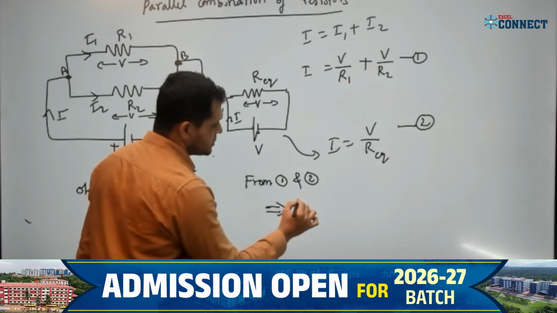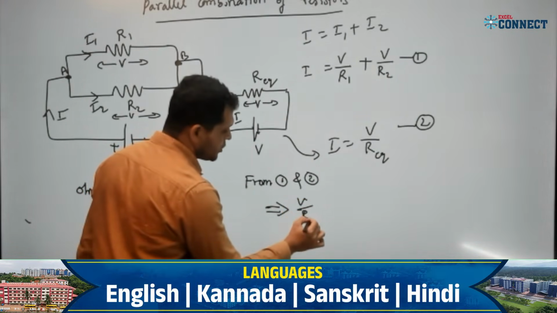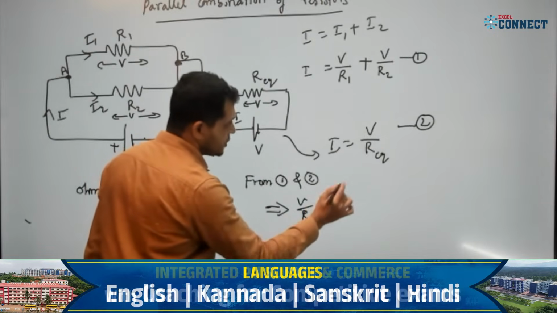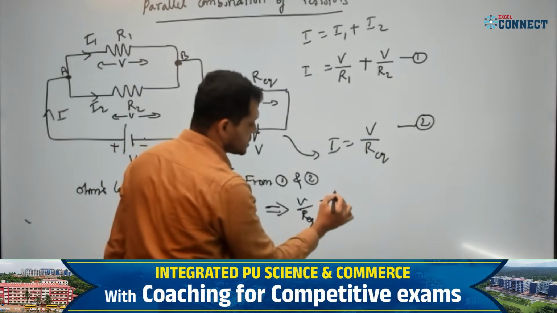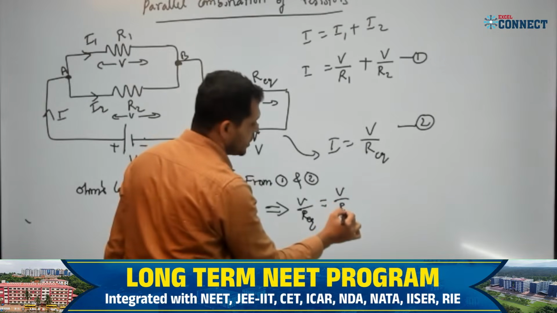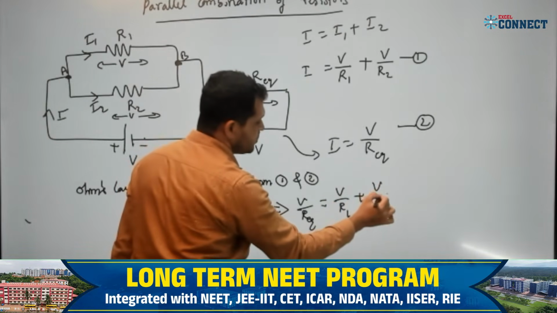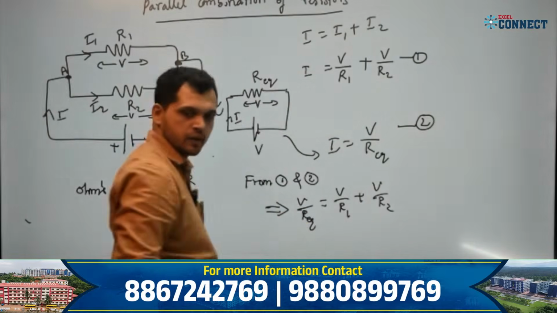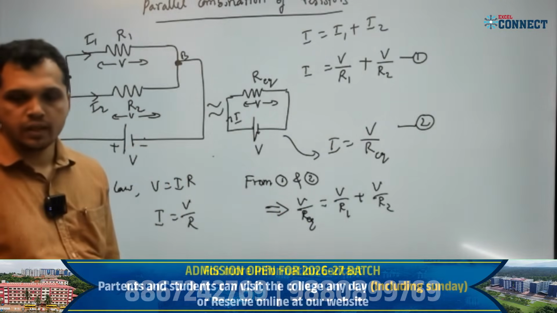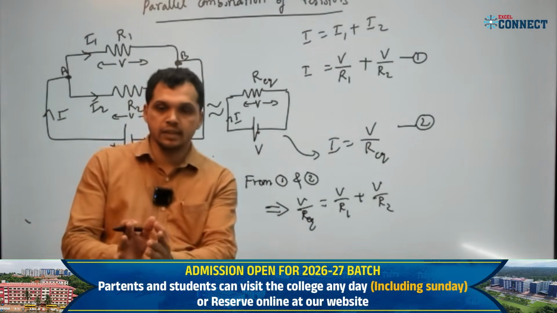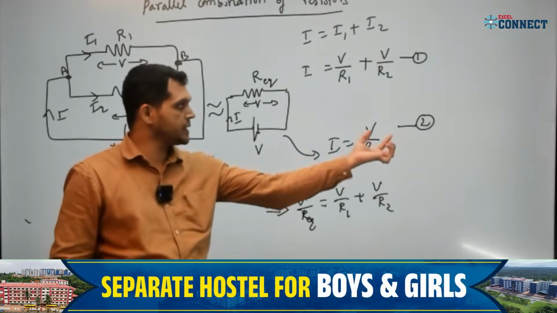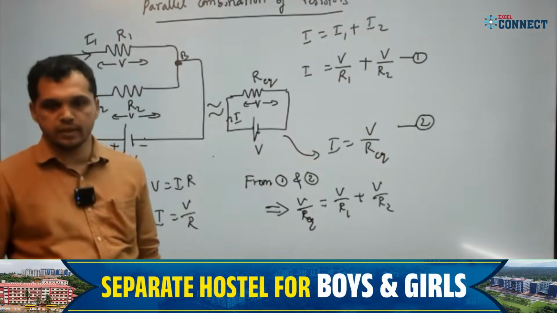I can write V by R equivalent is equal to V by R1 plus V by R2. Is it clear? What I did here was just equate equation 1 and equation 2.